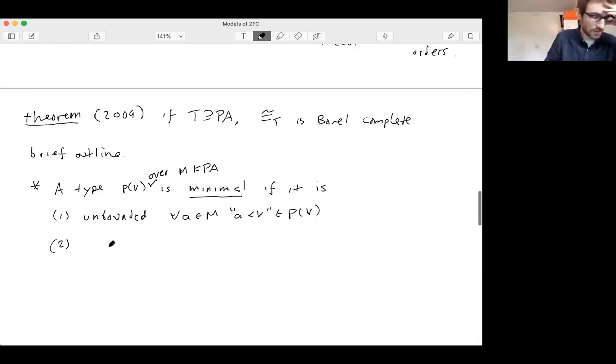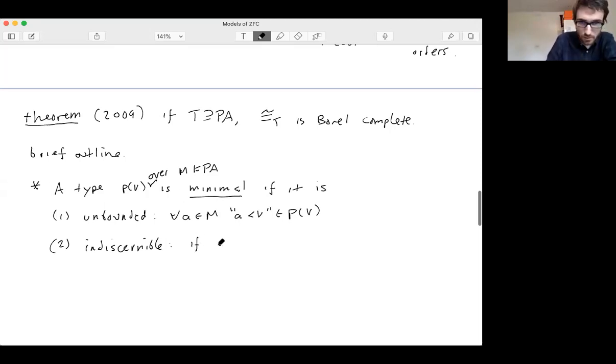And it's indiscernible, which means its realizations, when you realize p in an extension of M, you always get order indiscernibles.